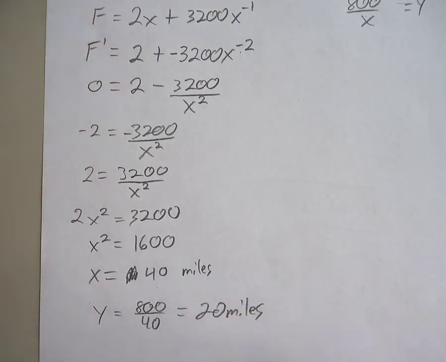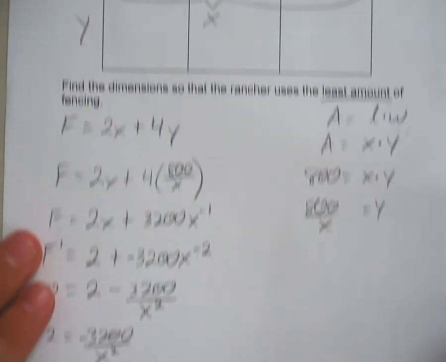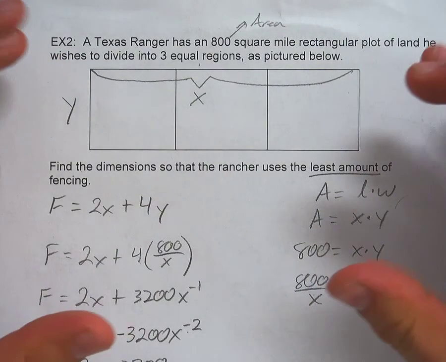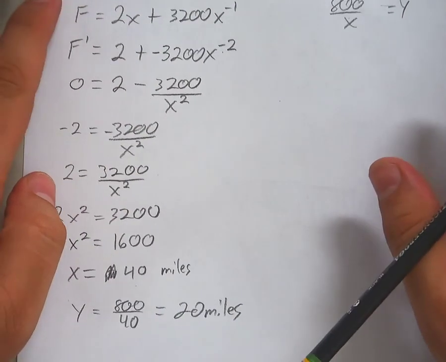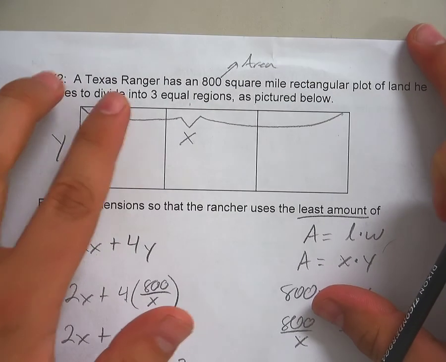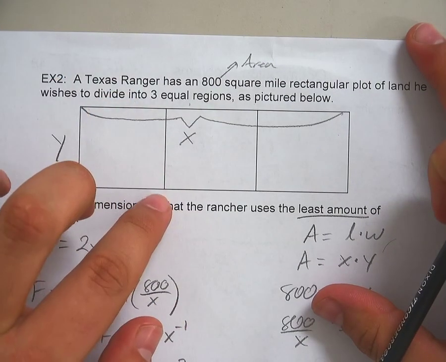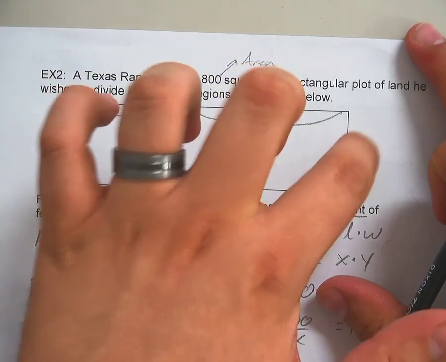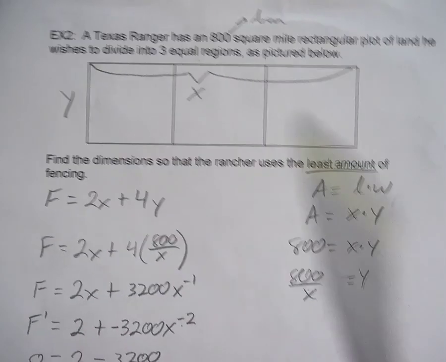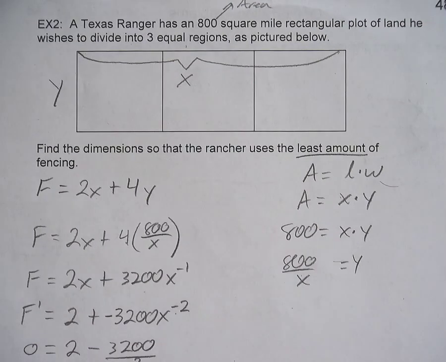So 20 times 40 is 800, and that's going to give you the least amount of fencing. That's going to be 40, 40, 20, 20, 20, 20.